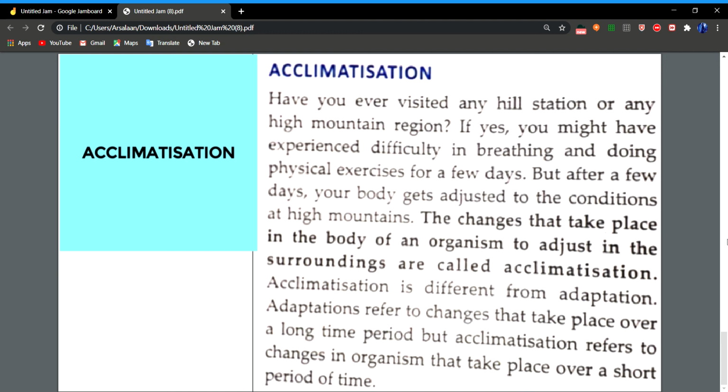The changes that take place in the body of an organism to adjust to the surroundings are called acclimatization. Acclimatization refers to a change that takes place over a short period of time, and adaptation refers to the change that takes place over a long period of time.